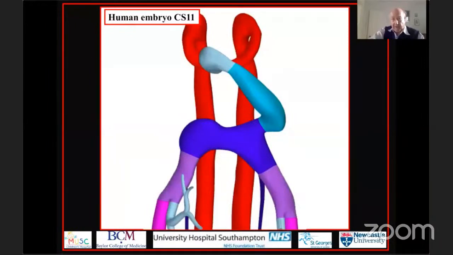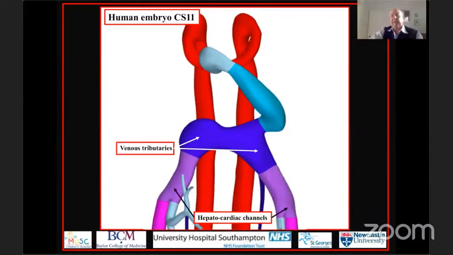So we can now replicate this in the developing human embryo. So here we are, Carnegie stage 11, the beginning of the 5th week of development. And now we see the venous tributaries coming together from the yolk sac, the umbilical veins, and they're entering through what we call the hepatocardiac channels.